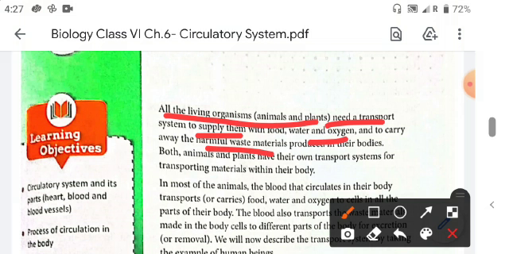That means all living organisms have a body part for the transport of essential substances, and also for the transfer of harmful substances outside the body. Now, both animals and plants have their own transport system for transporting materials within their body.